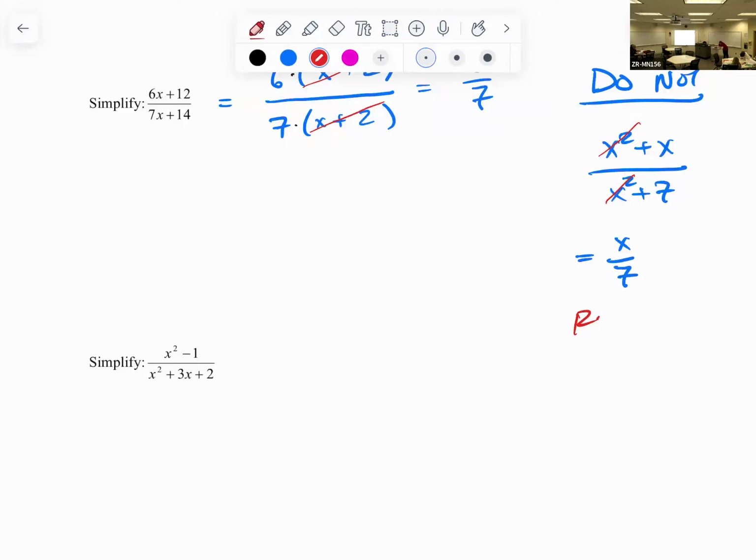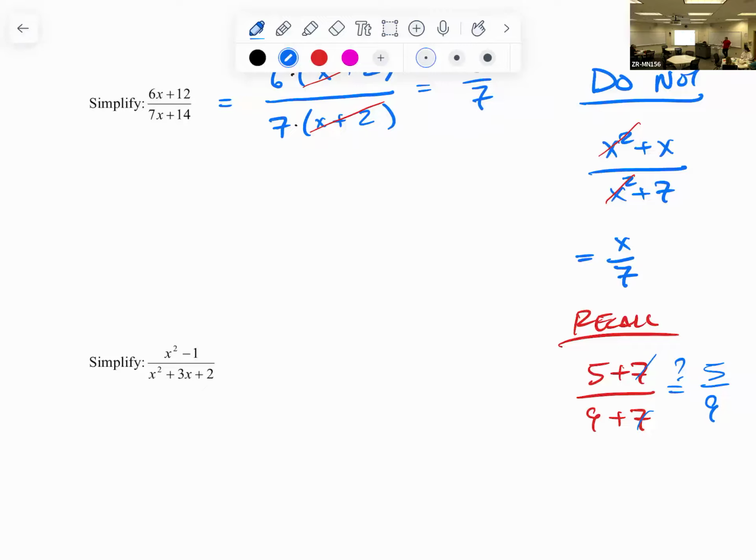Just to help you remember that, recall 5 plus 7 divided by 9 plus 7. Can I cancel these 7s and this becomes 5/9? Okay, hold on. Let me finish this. We'll come back to it. 5 plus 7 divided by 9 plus 7.